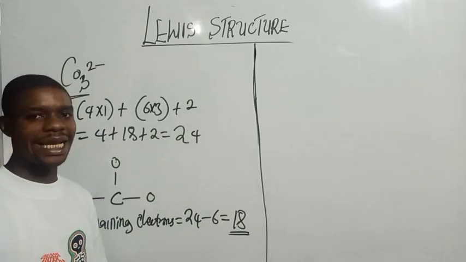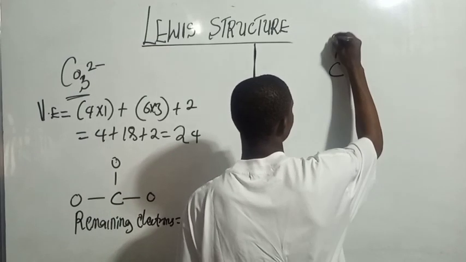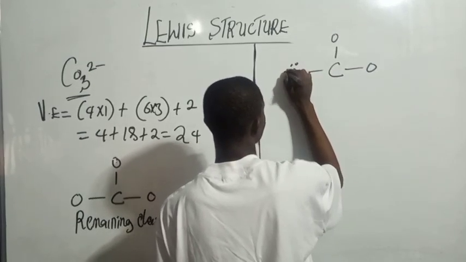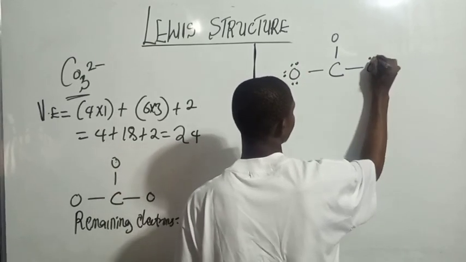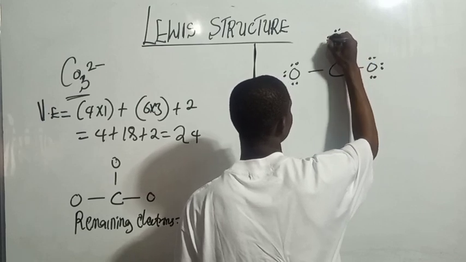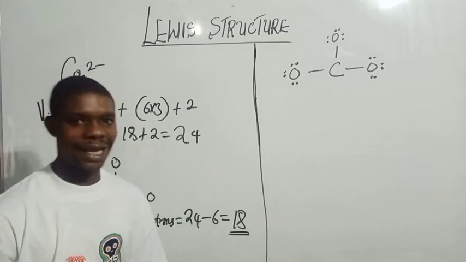I don't have any electrons left. So here we have 1, 2, 3, 4, 5, 6, 7, 8, 9, 10, 11, 12, 13, 14, 15, 16, 17, 18. So you can see that I have exhausted all my 24 electrons.